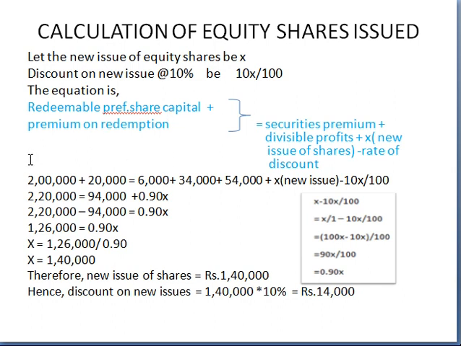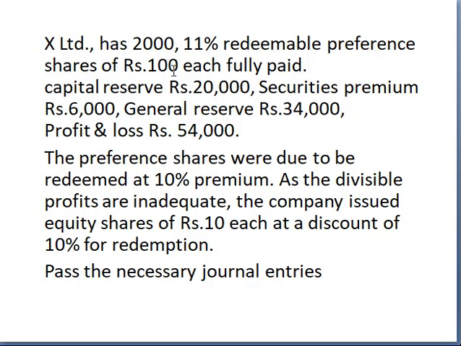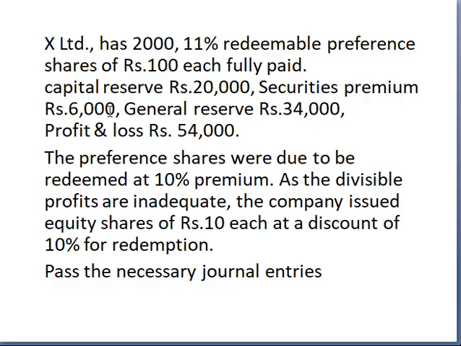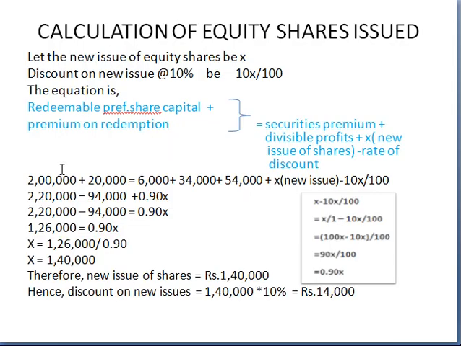Now, preference share capital, which is 2 lakhs, that is 2000 shares. See, 2000 shares of rupees 100 each is your 2 lakhs plus premium on redemption, which is 20,000 equals, this is formula equal, your securities premium. Now, check your problem. Securities premium is 6,000. That's what I written here as 6,000 plus divisible profits.